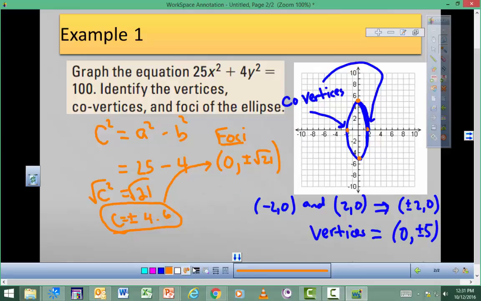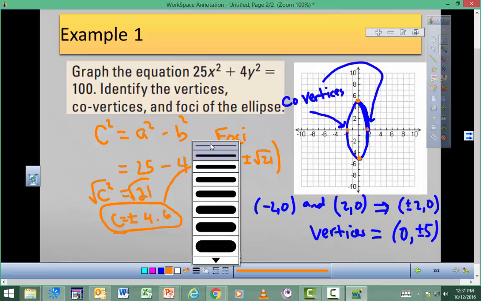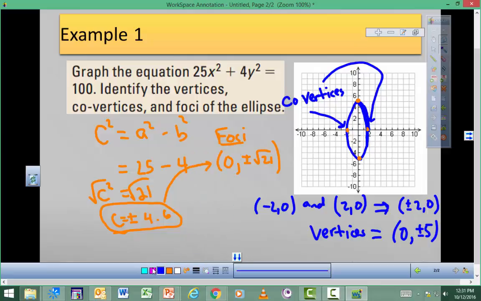So the focal points, let me make this a little bit thinner line and put them in. 4.6 is really close, it's like right there, and the other one's right here, 4.6. So there's F1 and here's F2. Usually we use capital letters, and you could hardly see that.